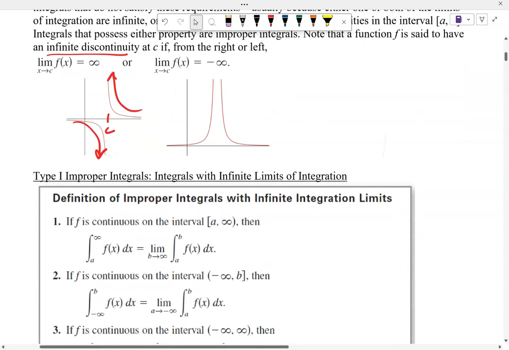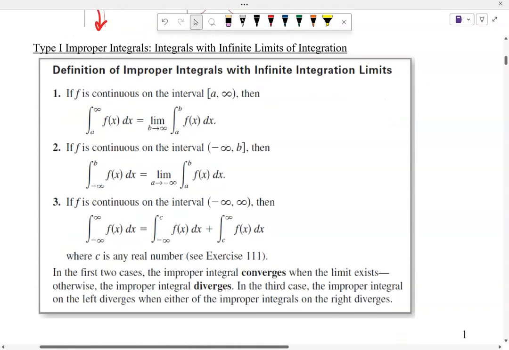The first type we're going to look at is where you have an infinite limit of integration. For example, we go from a to infinity, and we're going to see if it actually converges to a finite number or not. Then you've got those other types listed there.